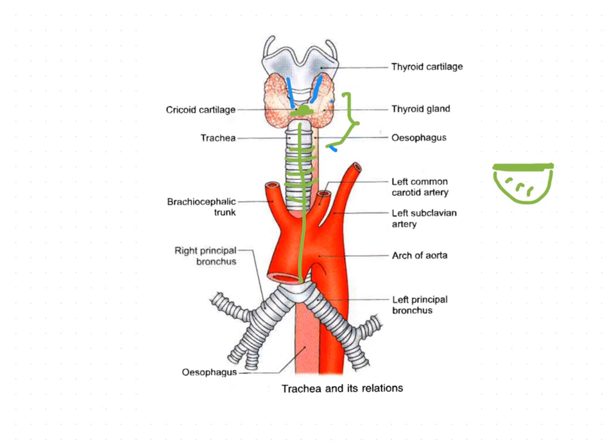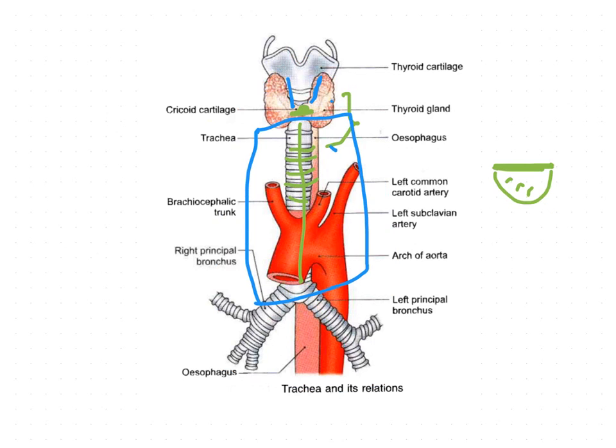So these are the structures related to the anterior part of the thoracic trachea, and this part we can see in the superior mediastinum.